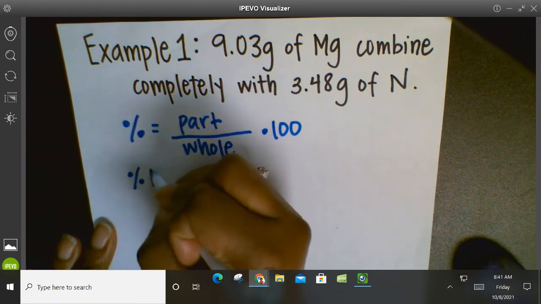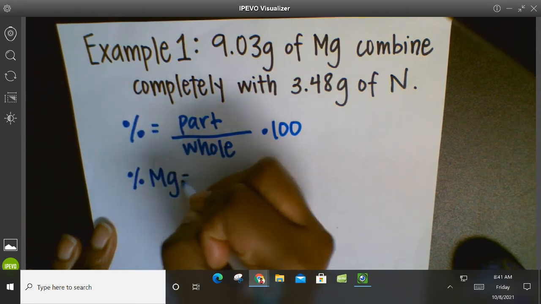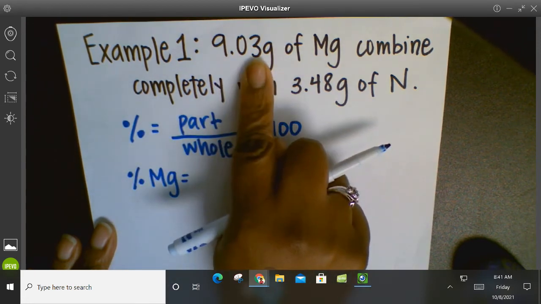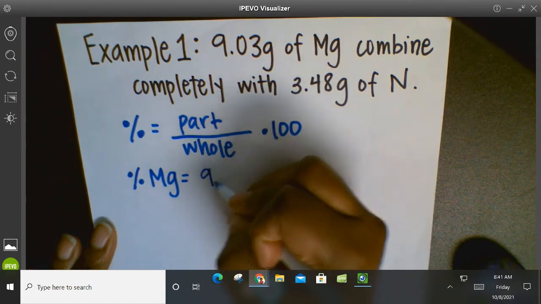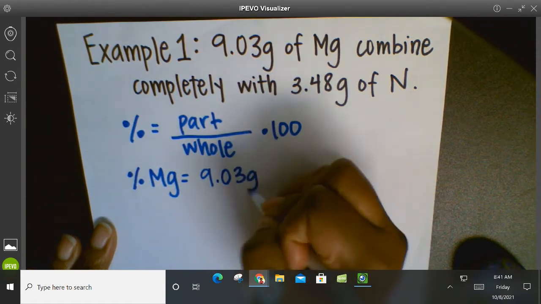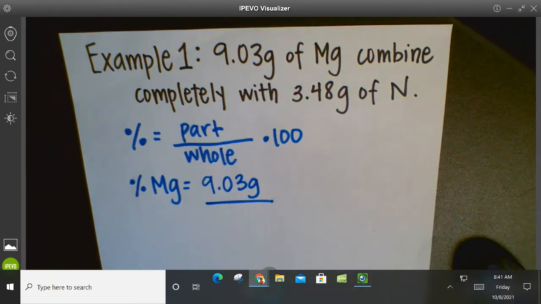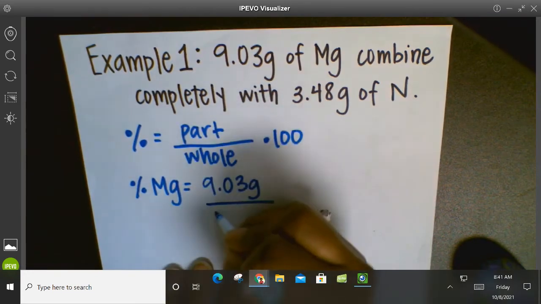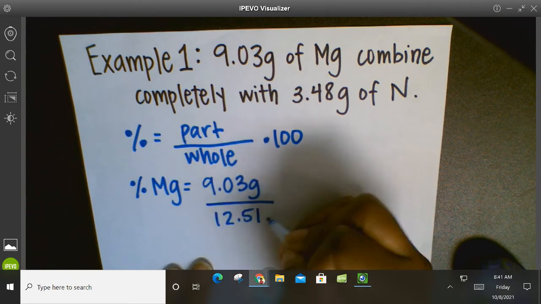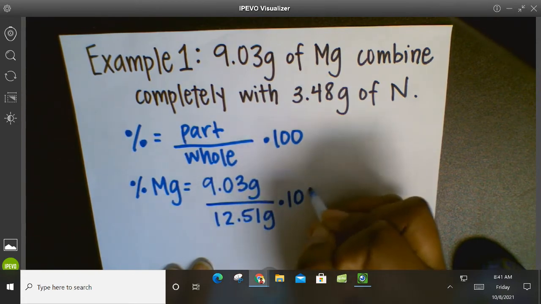All right, so for percent magnesium, it's going to be the mass of the magnesium that's in this compound, which is 9.03 grams, divided by the mass of the magnesium and the nitrogen, which is going to be 12.51 grams times 100.